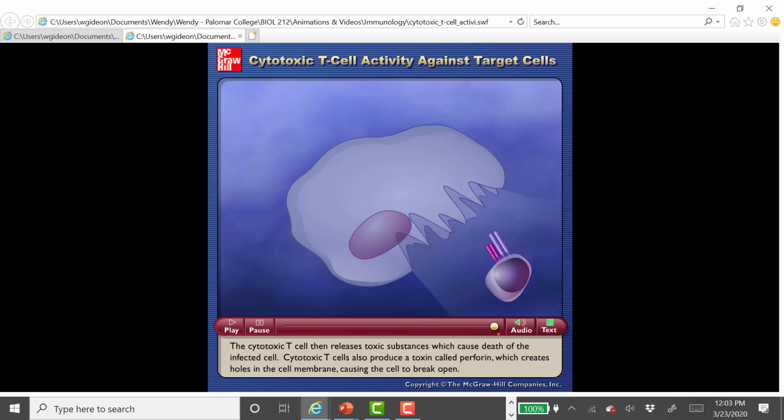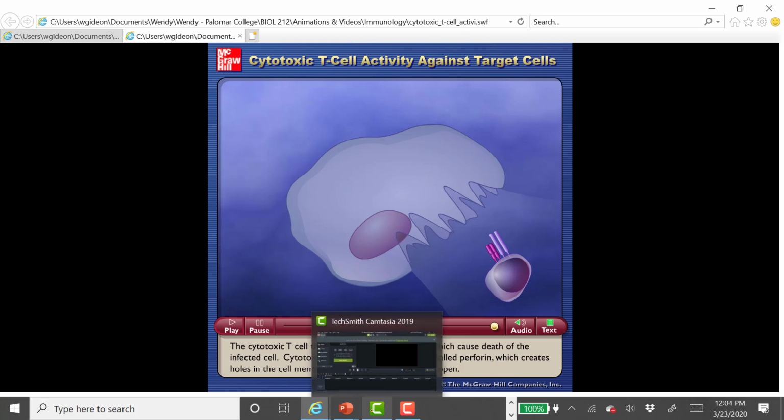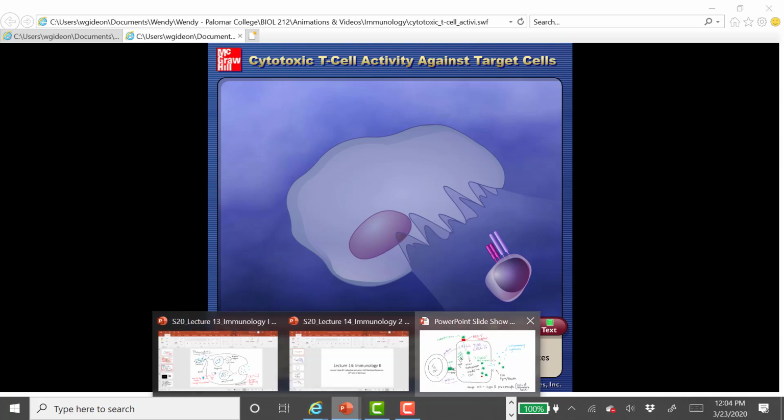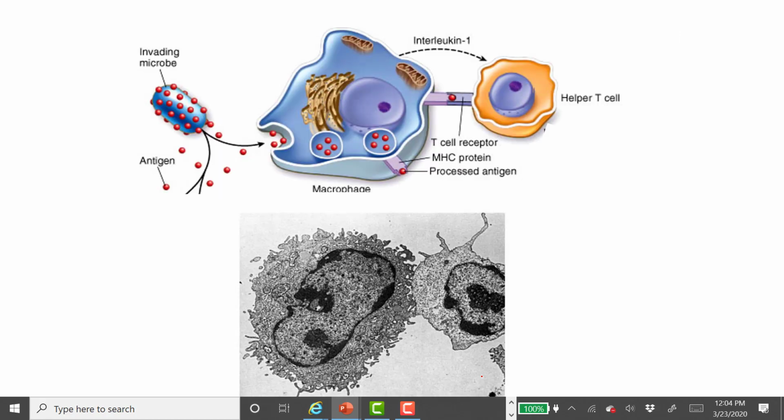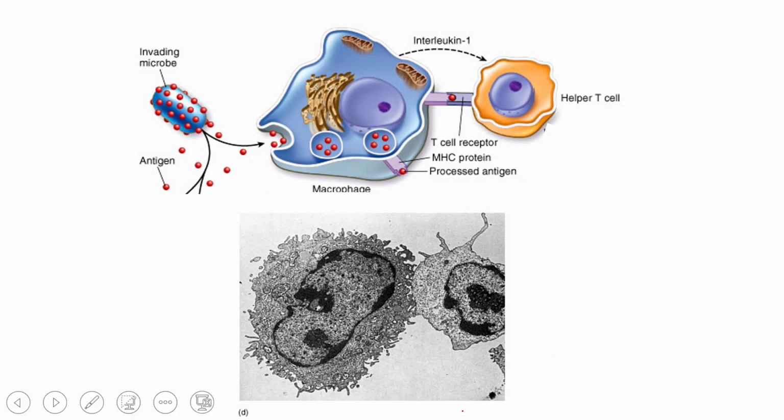But it's also important to understand that this process would not occur without signaling from a helper T cell, and without that antigen-presenting cell locating a helper T cell and activating it, which then in turn activates the cytotoxic T cell. Here's a picture showing that process of activating helper T cells.